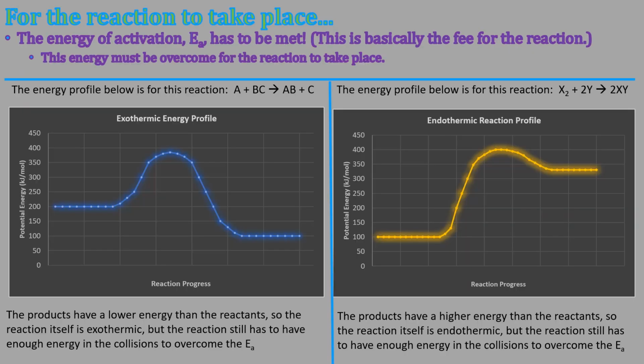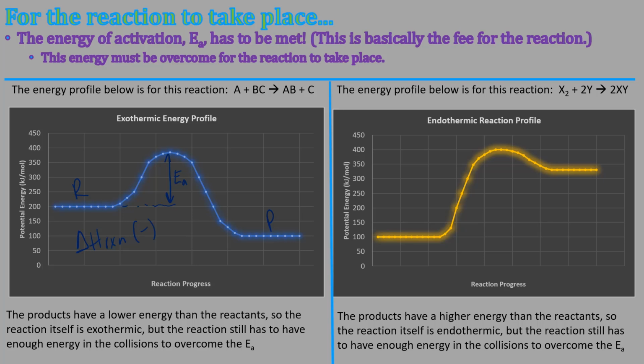Okay, so we've looked at these before, but I just want to go over them again. The energy of activation. For an exothermic reaction, the energy of activation is going to be right from this line to the top of the peak, right? And that's for exothermic because our products have less energy than our reactants do, so that means overall the delta H of the reaction is going to be negative.